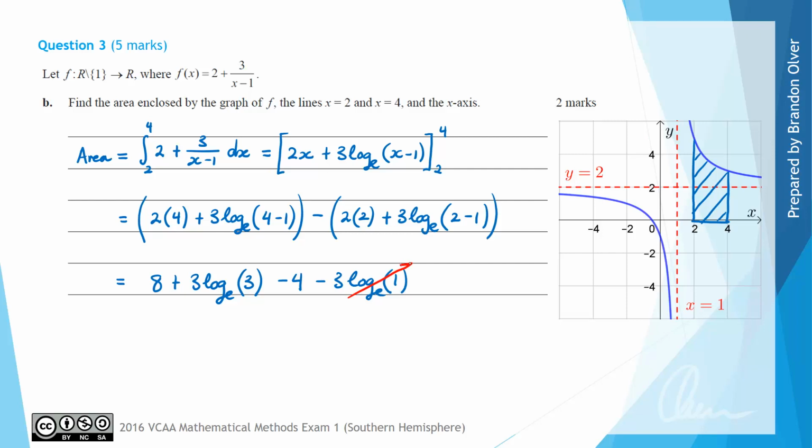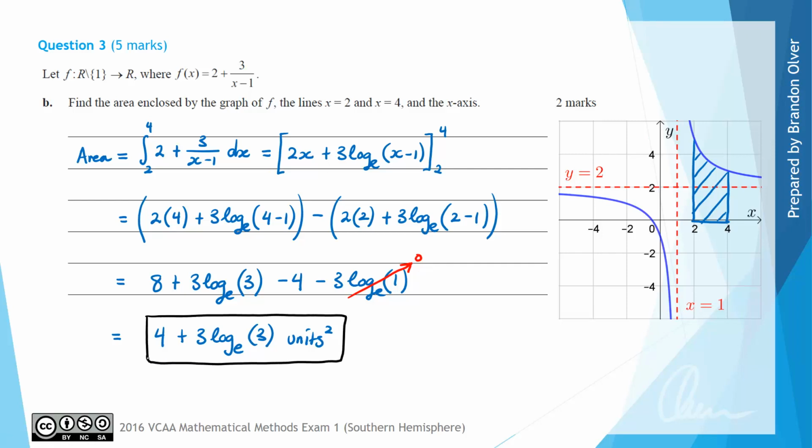However, log e of 1 is simply 0, so that's going to give 3 times 0, so we don't have to worry about that term now, it's simply 0 overall. And our answer is going to be 8 subtract 4 is 4, plus 3 log e of 3, and that's units squared because we've found an area. So that is the answer to part B of this question.